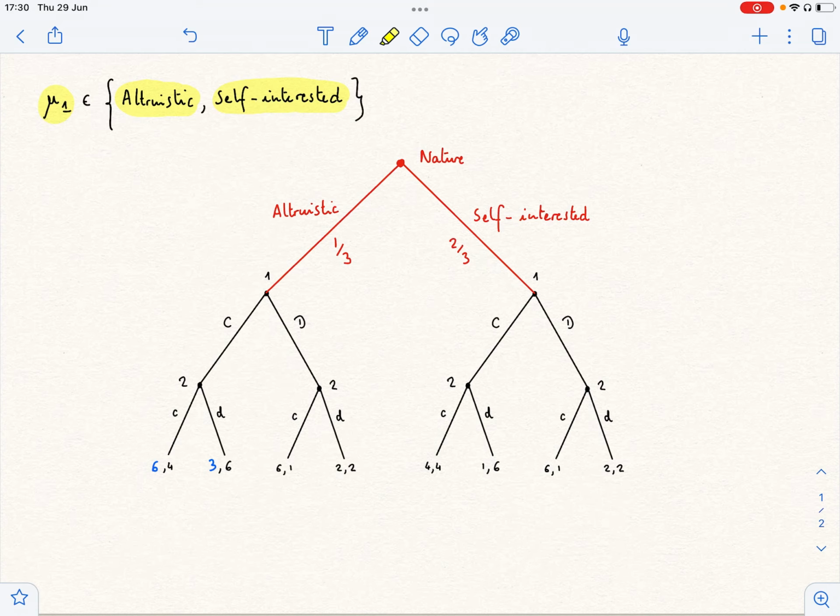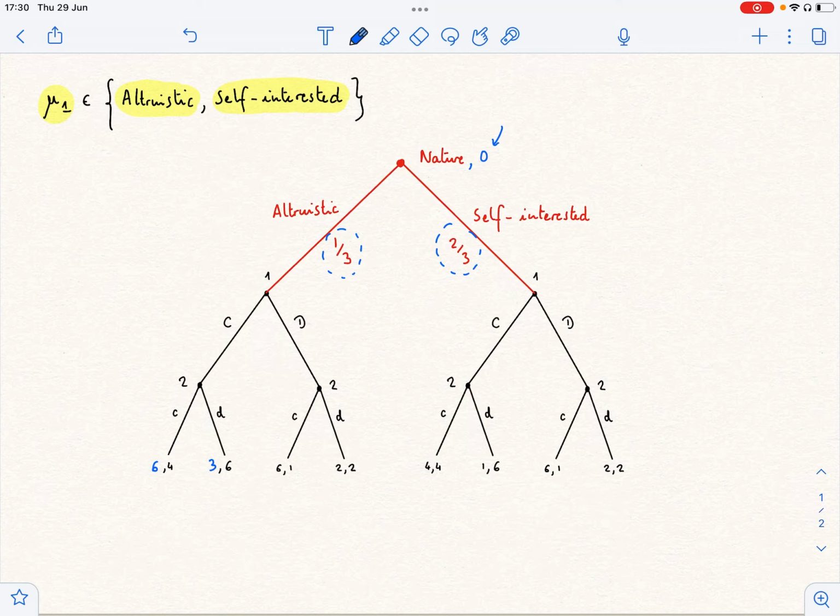Okay, so player 1 can either be altruistic or self-interested, and the way we model this is we say, let's consider nature as a kind of third player, which plays first. Sometimes we call nature player 0, and with probability 1/3, player 2 will face an altruistic player 1, and with probability 2/3, player 2 will face a self-interested or standard player 1. Player 2 does not have a type, so player 2 is always self-interested.